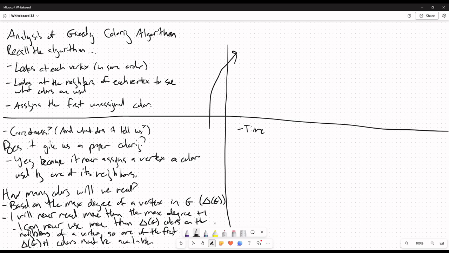So let's define this thing. The chromatic number of a graph is the minimum number of colors needed to properly color the vertices of the graph.